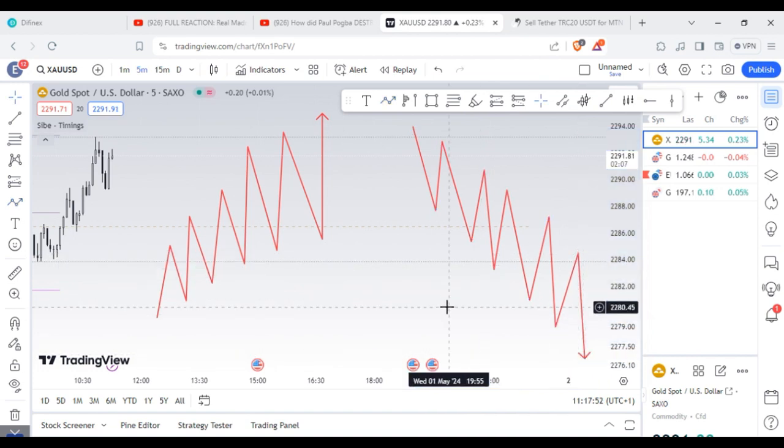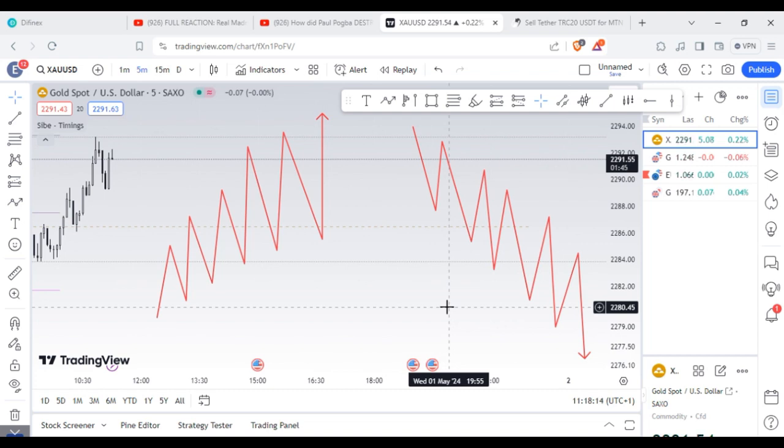The Fibonacci is going to have an equilibrium point, which is 50% of the Fibonacci. If you are buying something and the price is less than 50%, you would consider that a good price to buy. If you're selling something and the price is more than 50%, you would consider that a good price to sell.